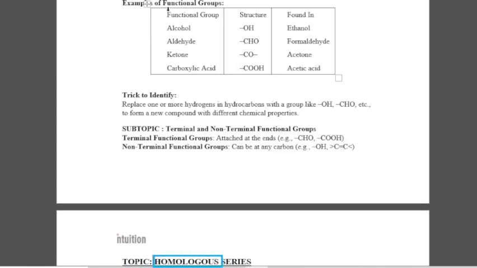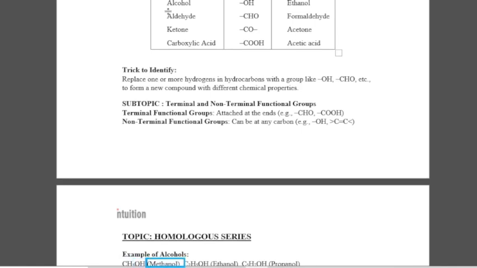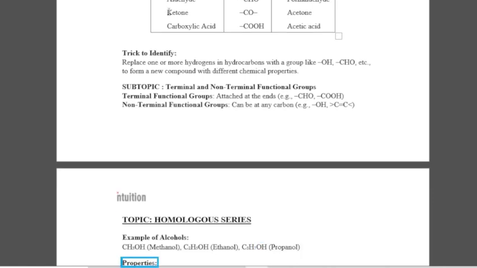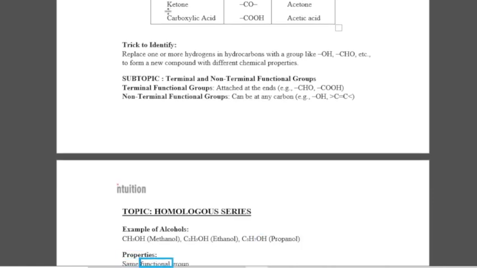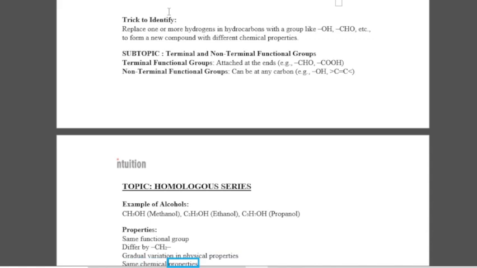Topic: homologous series. Example of alcohols: CH3OH, methanol; C2H5OH, ethanol; C3H7OH, propanol. Properties: same functional group, differ by CH2, gradual variation in physical properties, same chemical properties.